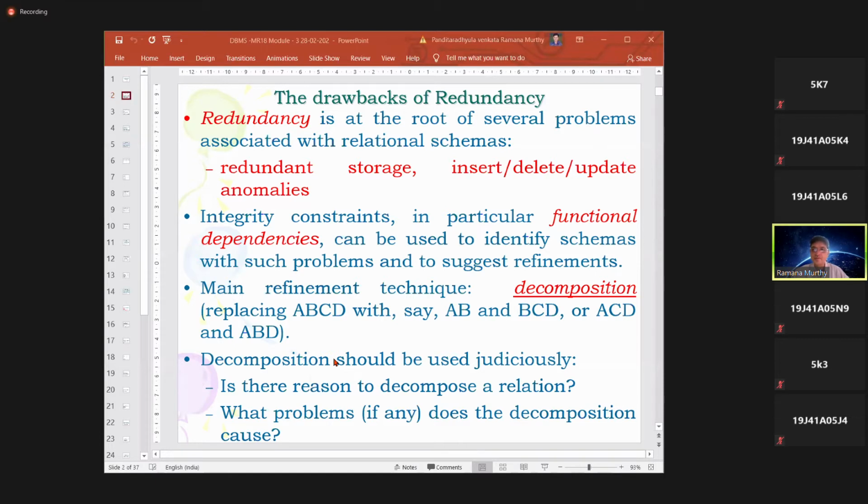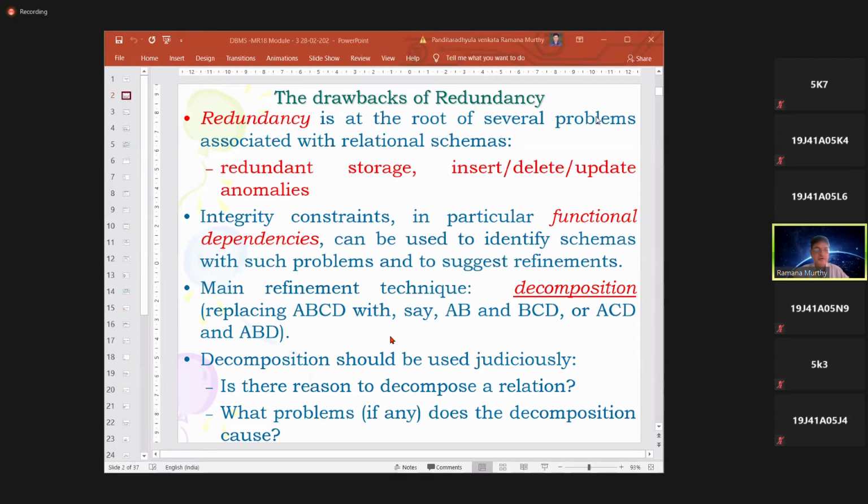That is 100% sure. So to avoid this redundancy, we are using the integrity constraints. In the previous module also, we identified a little bit how we are avoiding redundancies or inconsistencies by using the integrity constraints.